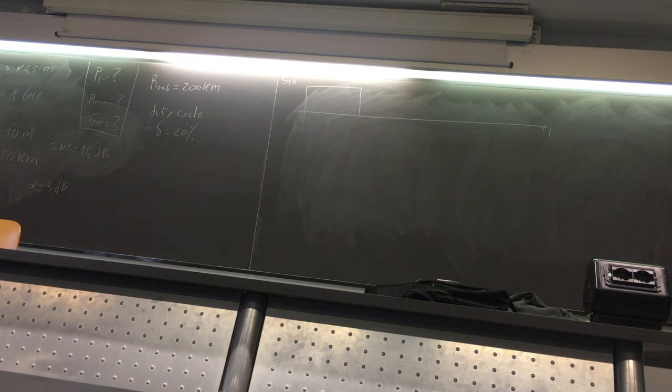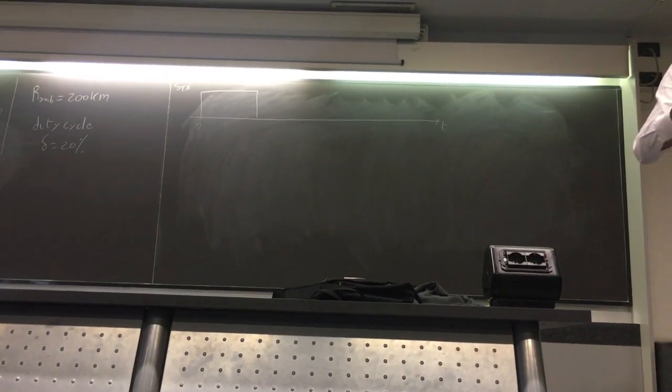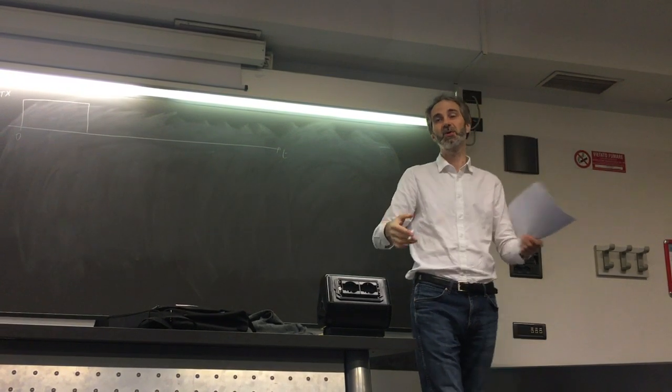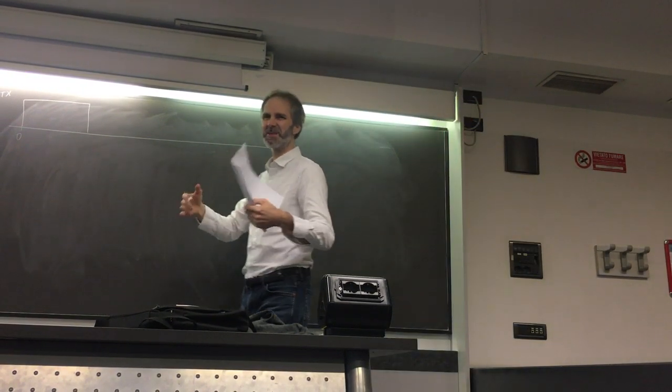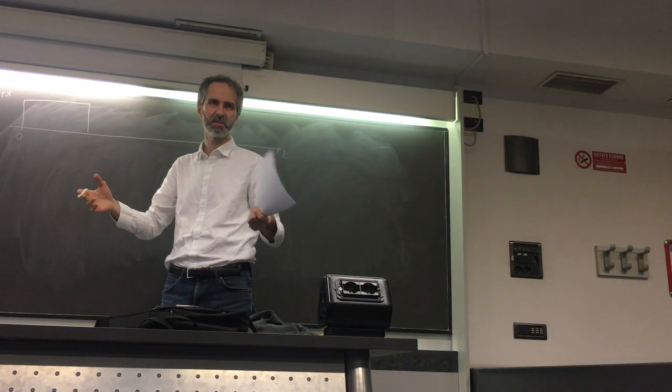So the first thing that you want to ensure is that you are not transmitting and receiving at the same time. Of course, you can discriminate the signal depending on the direction of the waves. So if the waves are propagating backward or onward, but you always have a leakage which can be several tenths of dB. So in general, you never transmit and receive at the same time.